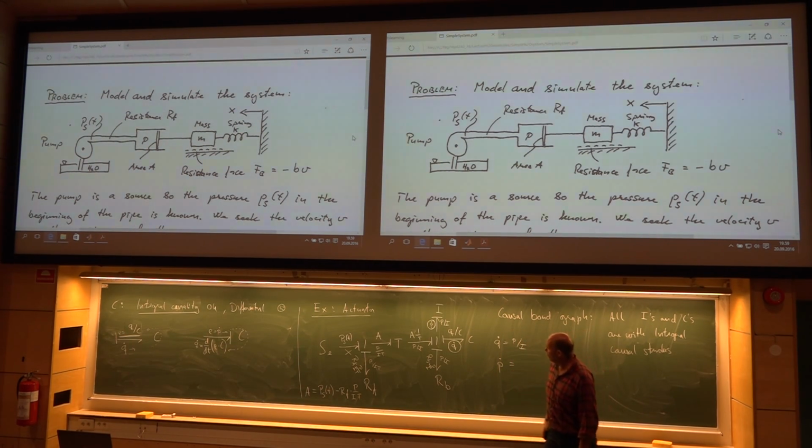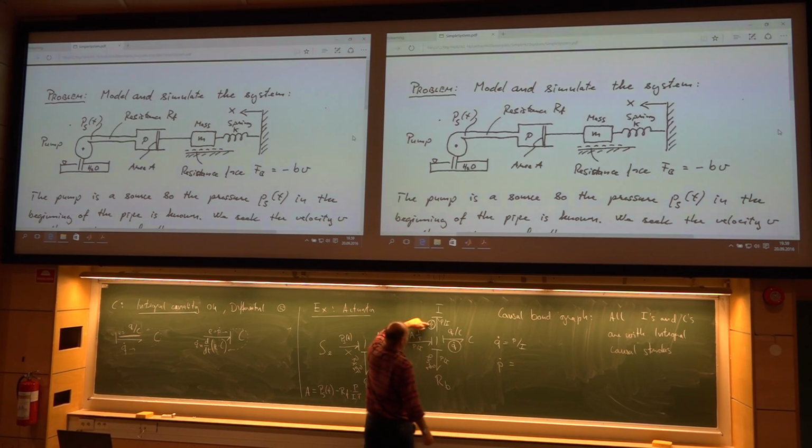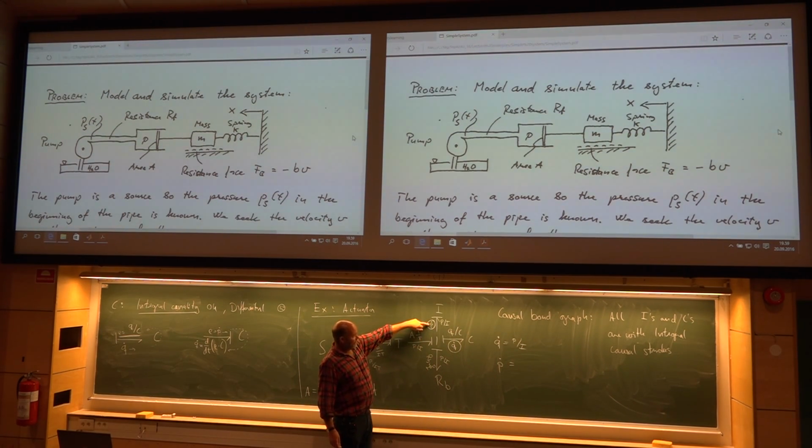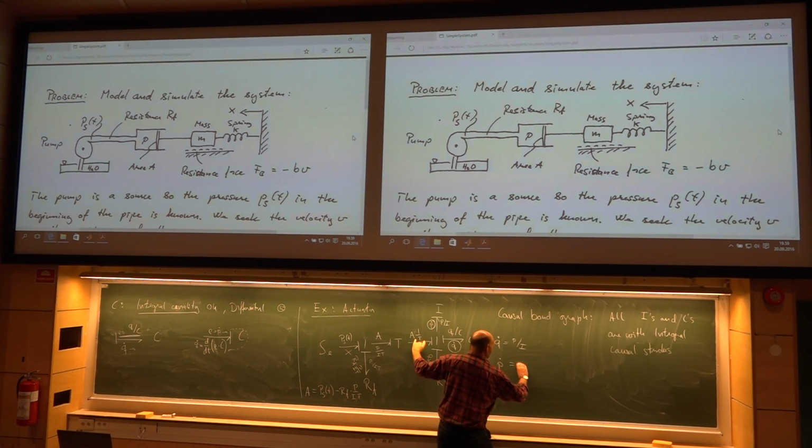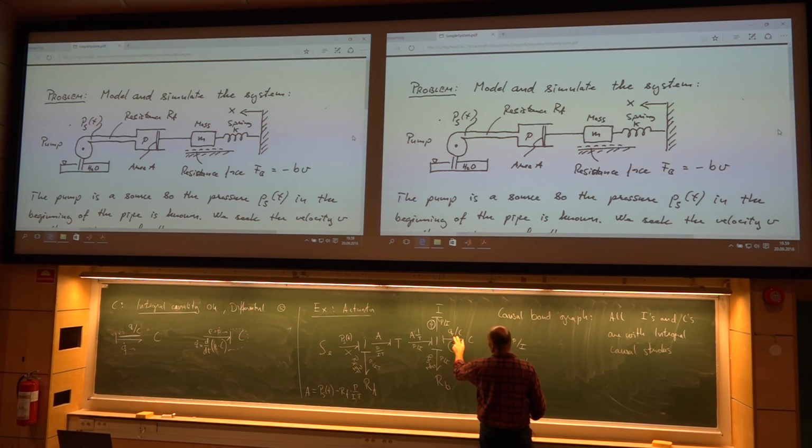What will it be? P dot, he goes out. So then P dot has to equal what comes in here. That is A multiplied with 1 over T. Then I have something else going out as well.